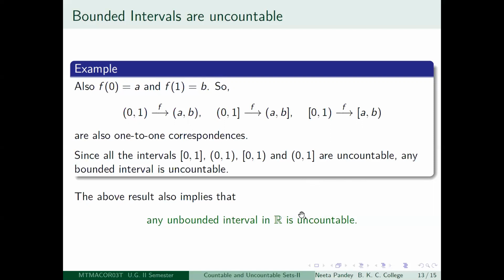Either you include a or you don't include a, which you express by the bracket. Any unbounded interval will have a bounded interval as a subset. Now, bounded intervals are uncountable, so naturally unbounded intervals will also have to be uncountable. That is what we are trying to say.